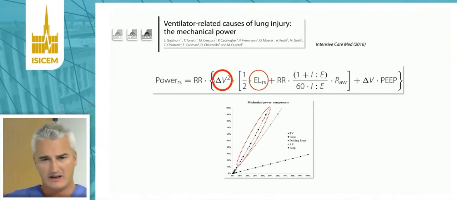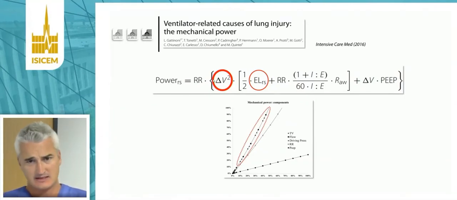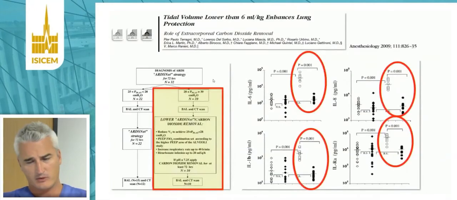And if we look at the mechanical power equation, we see that there are 3 components, 2 main ones. The first of all is the volume, which is a very important component of the mechanical power.